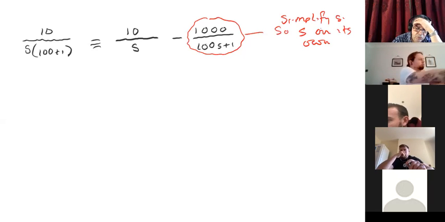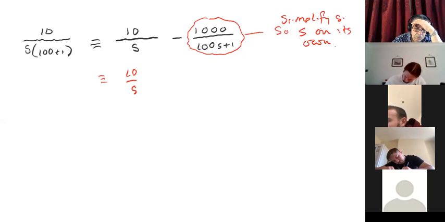So what do I need to do to get s on its own here? I need to divide through by 100. So 1,000 divided by 100 is 10, over s plus 0.01.